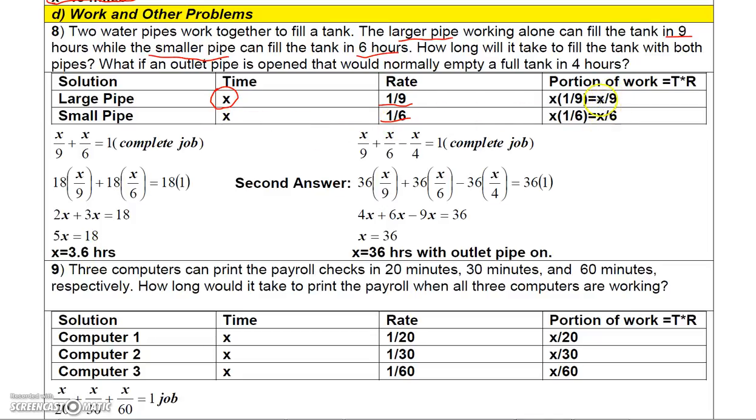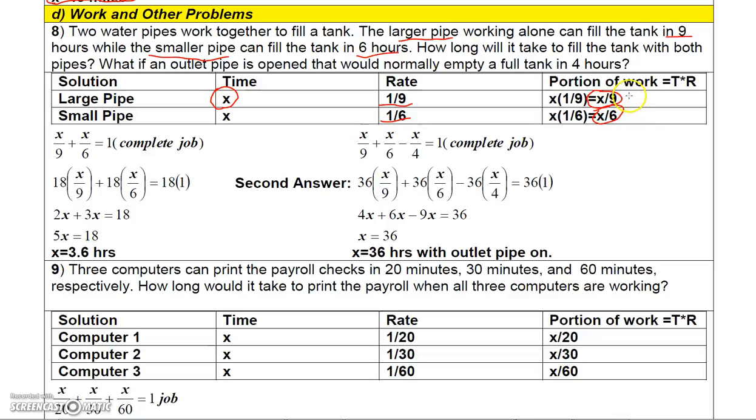And now here's where it might be a little confusing. This is the portion done by the large pipe. This is the portion done by the small pipe. Now, when I say portion, I mean like did 1/3 of the job, or 1/10 of the job, or 2/3 of the job, or whatever. And then this guy did the rest of the job.